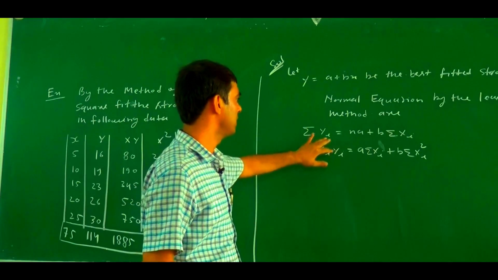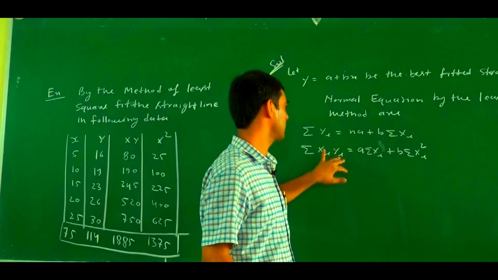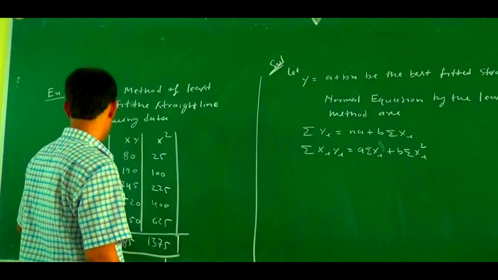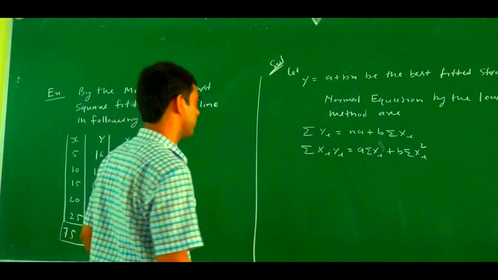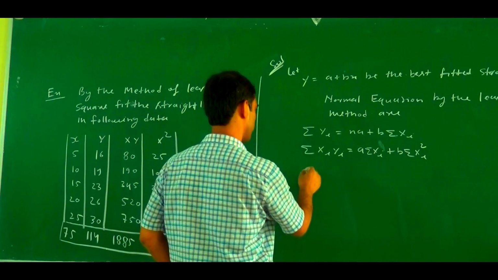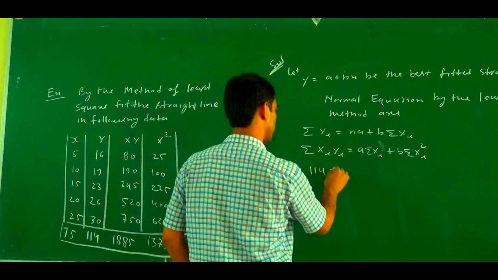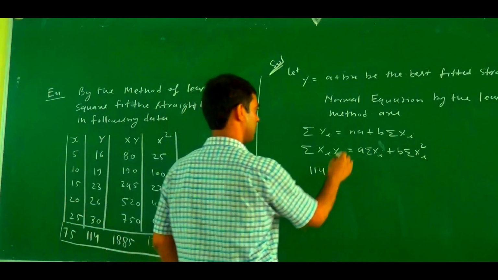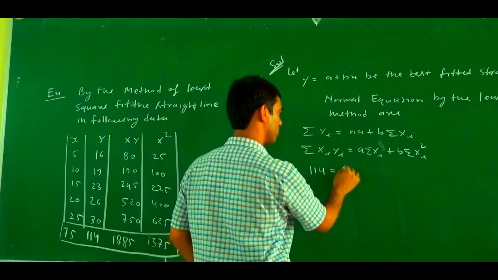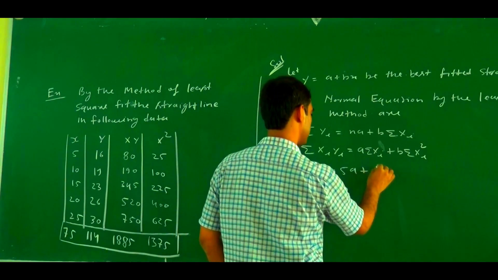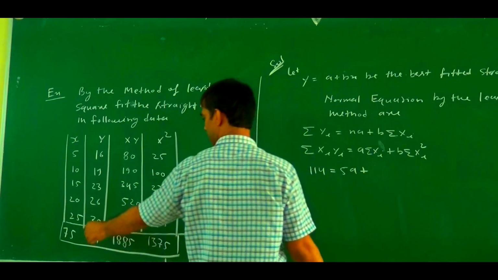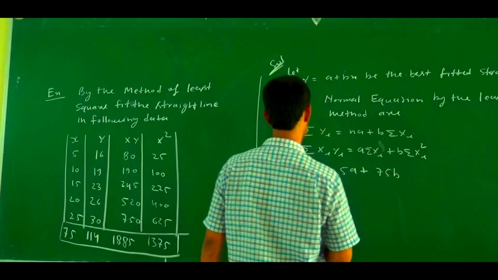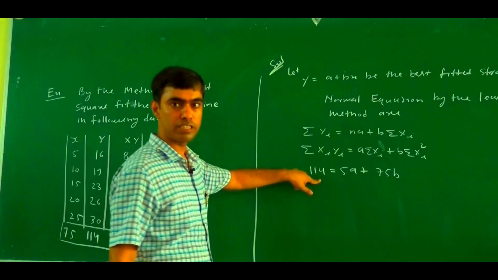Summation of yi becomes 114, equals n, the number of observations, which is 5. So this becomes 5a plus 75b. Now this one is the first normal equation.